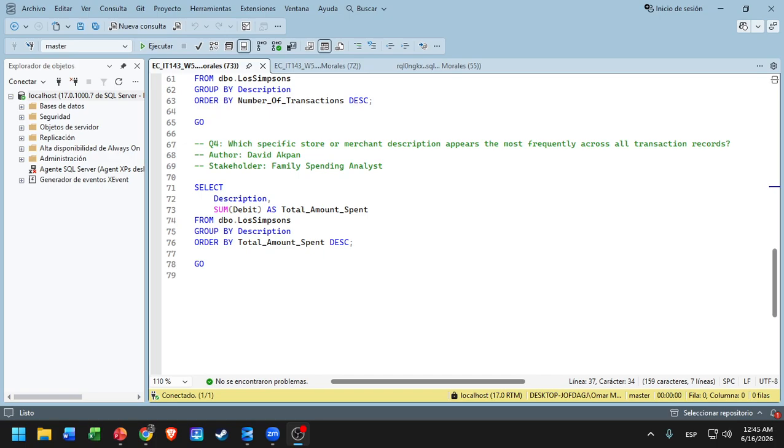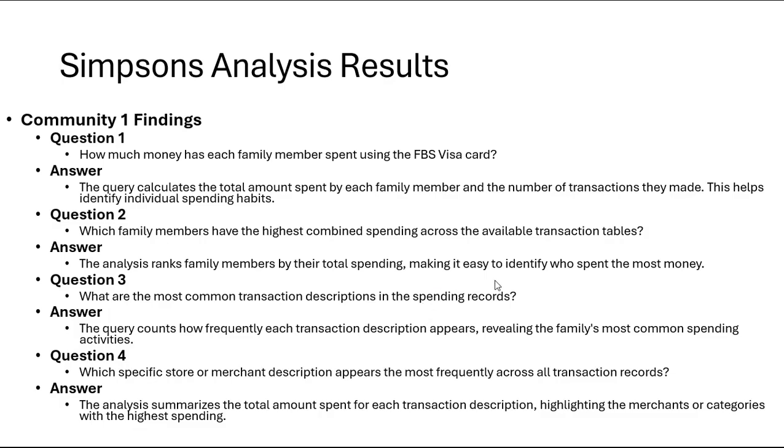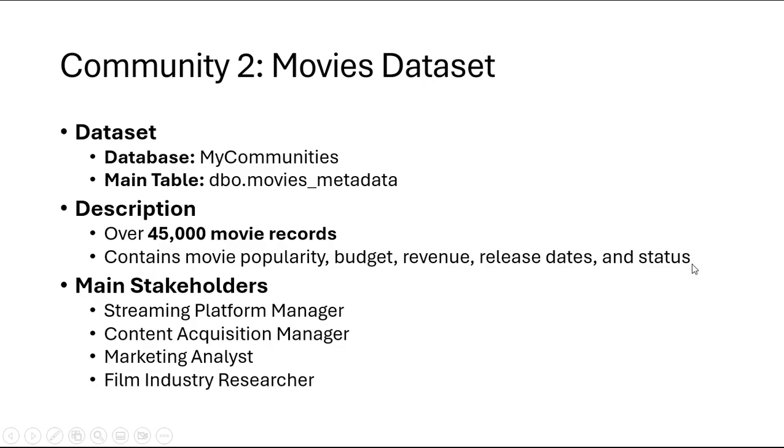Now I show you the next community, the movies dataset. The database in my community has a table called movies metadata. This data contains more than 45,000 movie records.